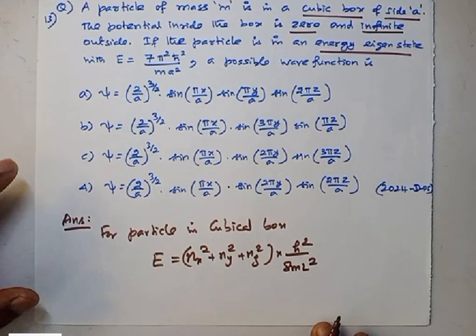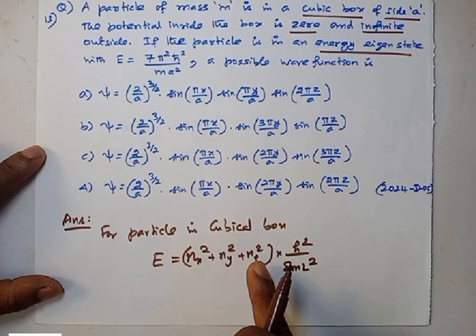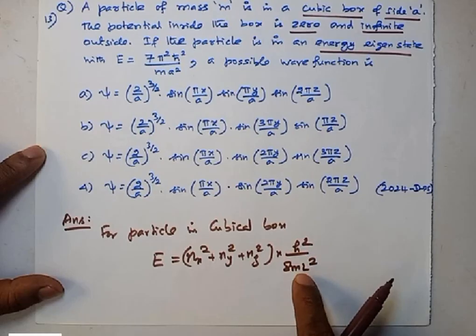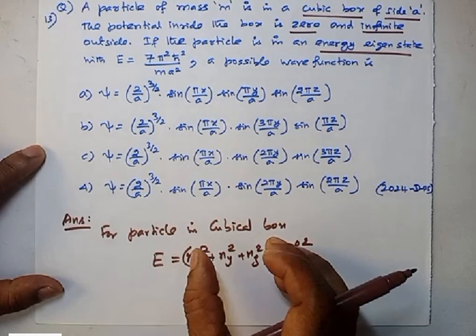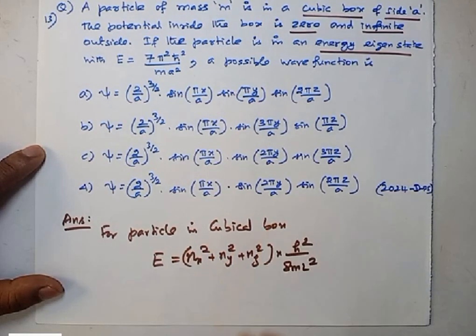This is how we write. Normally in chemistry we use h square by 8ml square as the energy formula.